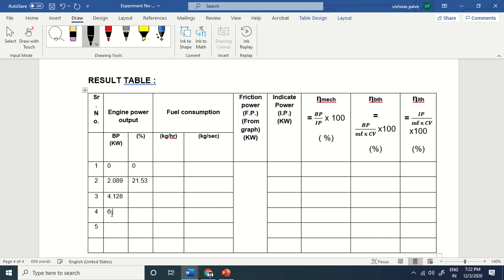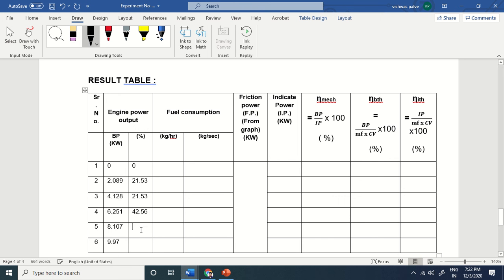Then 6.251, 8.107, and the sixth reading gives me the value of 9.97. Okay, so this will be 21.53, 42.56.